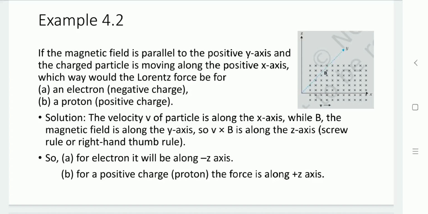If the electron is there, the force acts in the negative direction. So if the electron is present, the Lorentz force is along the minus z axis, and if a positive charge such as the proton is present, the force is along the plus z axis.